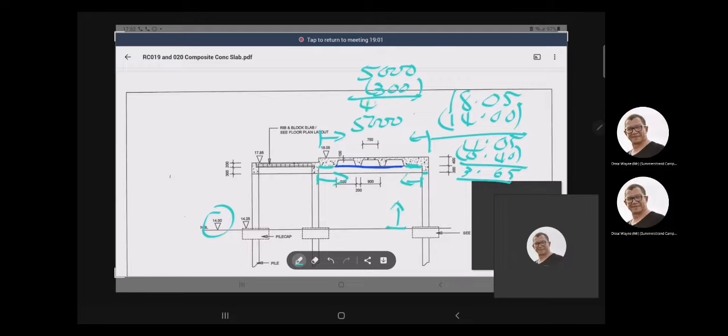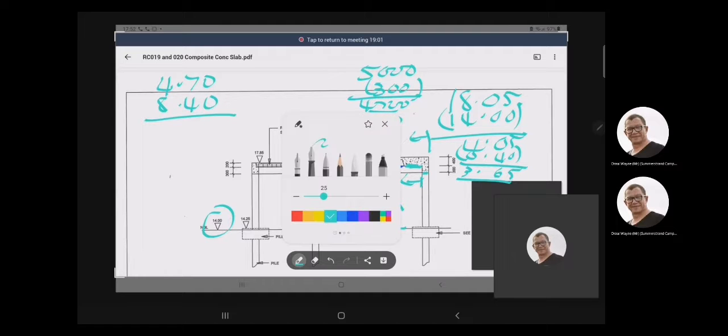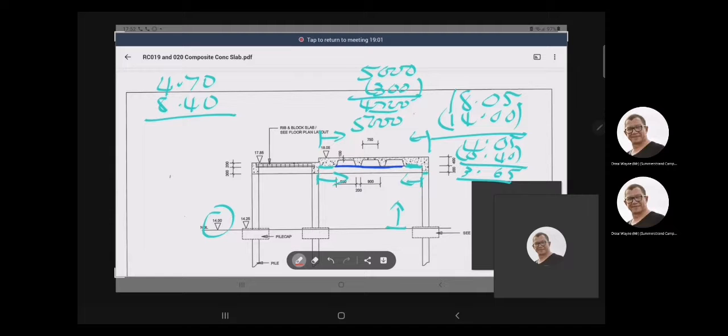And that leaves me with 4,700. So it will be 4.7 multiplied by 8.4. And I then would deduct the area that I have just measured for the soffit of my coffer slab, which was 3.1 by 7.5.